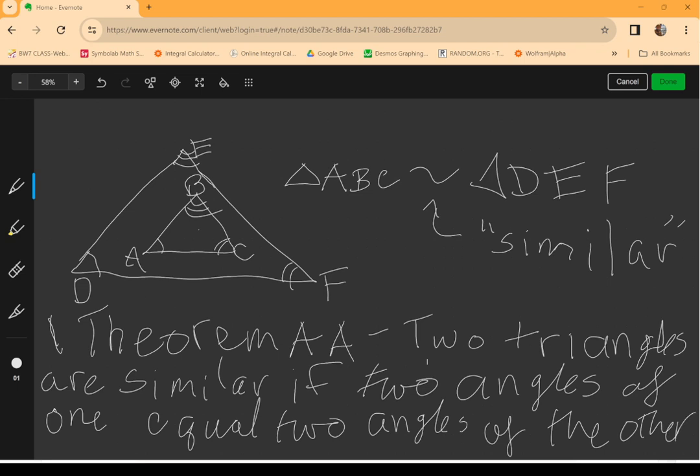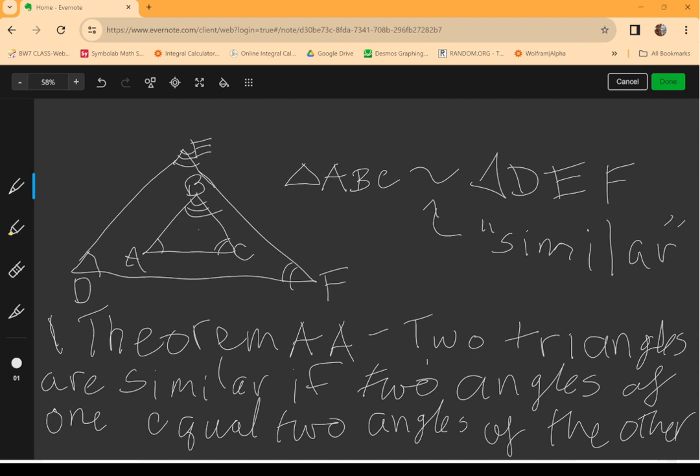And notice the stipulation: we only need two because we know that the total angle measurement in a triangle is 180. So if you know two, then the third angle will follow; it will have to be the same measurement. Hence the bare minimum conditions needed are that two angles need to be congruent, or the same measure.